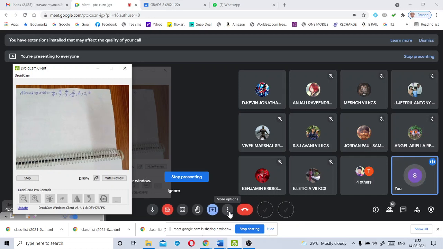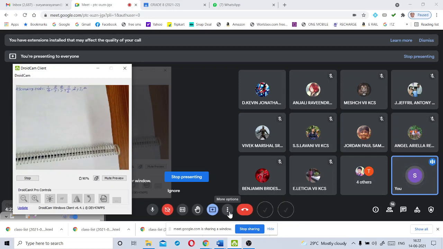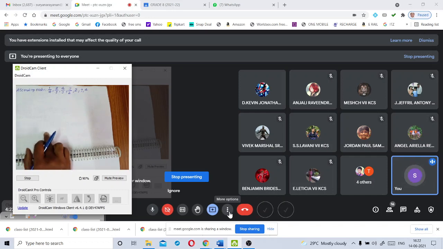Only for our convenience in the calculation, we write 2 as 2 by 1, 3 as 3 by 1, 4 as 4 by 1. Otherwise, no need.